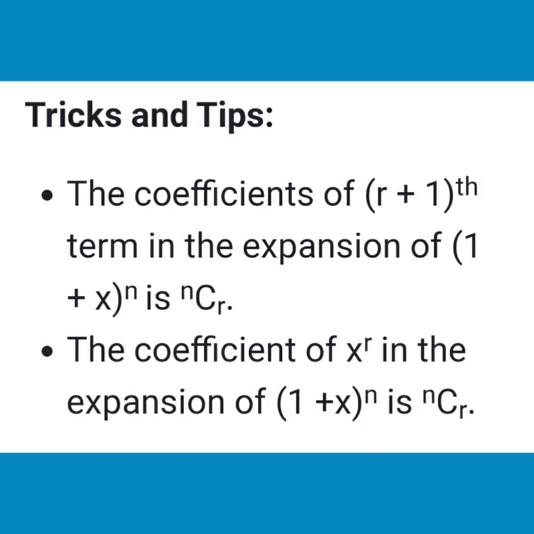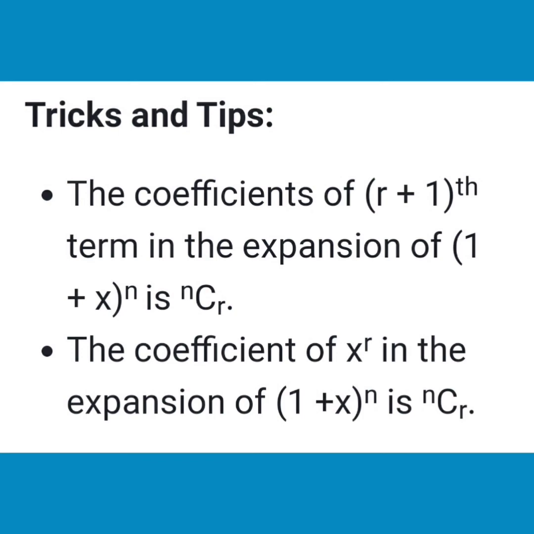And one more trick and tip I am going to give. The coefficient of the (r+1)th term in the expansion of (1 + x)^n is nothing but nCr. When you expand (1 + x)^n, you will get nC0 plus nC1 x plus nC2 x squared, etc., nCr x^r, plus etc., finally nCn.